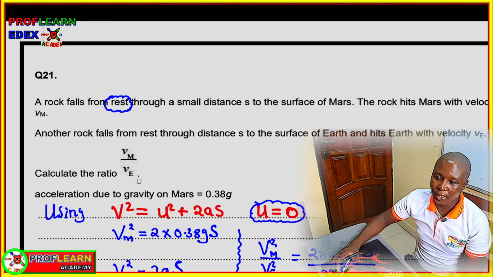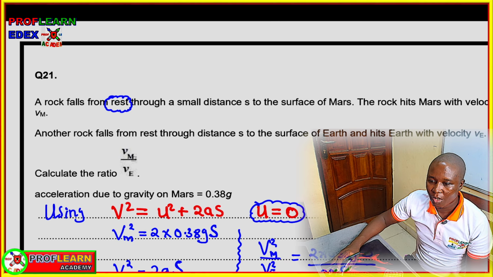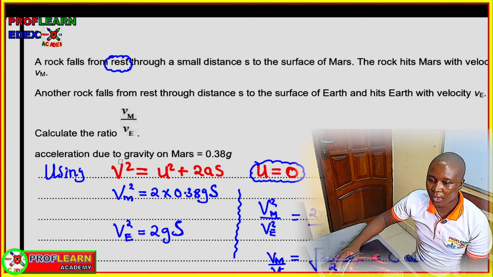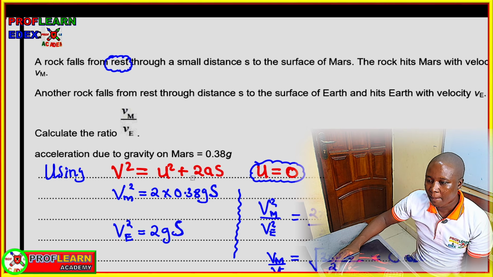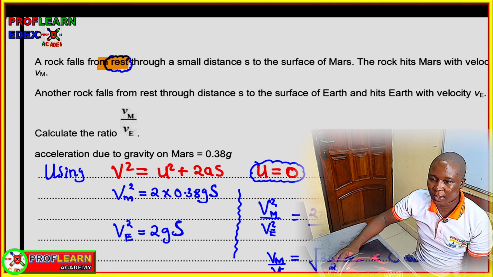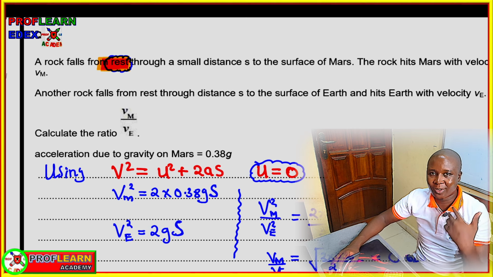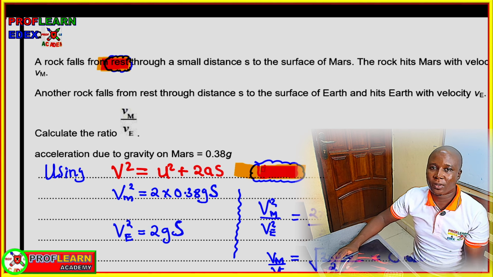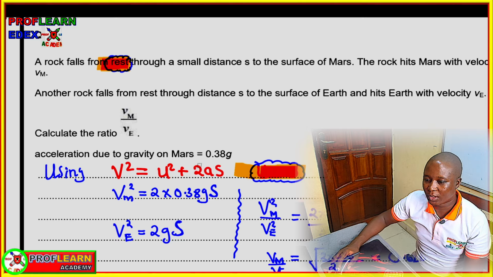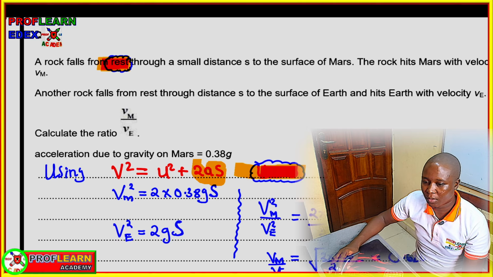Question 21 was looking at a ratio between motion of objects on Mars and on Earth. So in order to work out that, I used v squared is equal to u squared plus 2as. But since we were told that the object was falling from rest, the initial speed was 0, so this equation is going to remain this way.